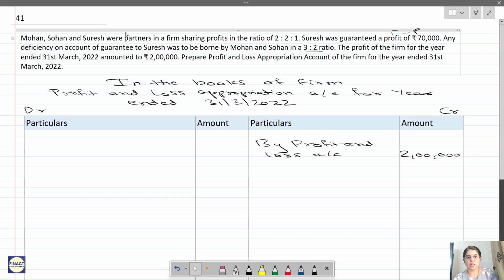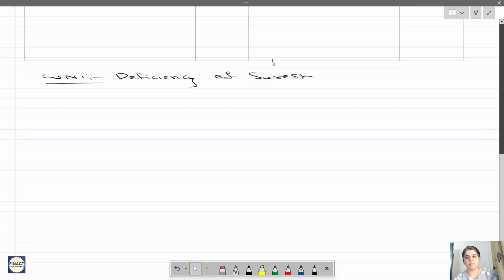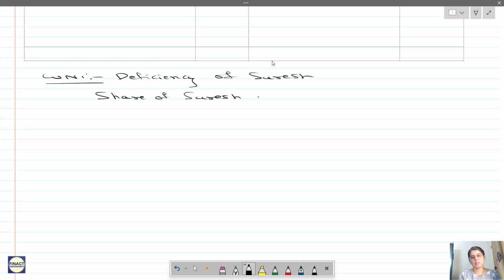Out of that, how much will Suresh get? The ratio is 2:2:1, right? So 1/5 will be the share of Suresh. Yes, ma'am. 1/5 into 2 lakhs comes to 40,000.